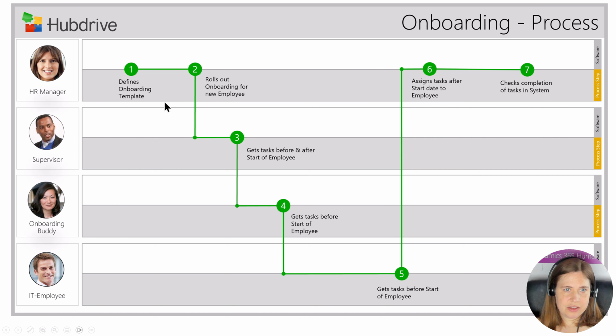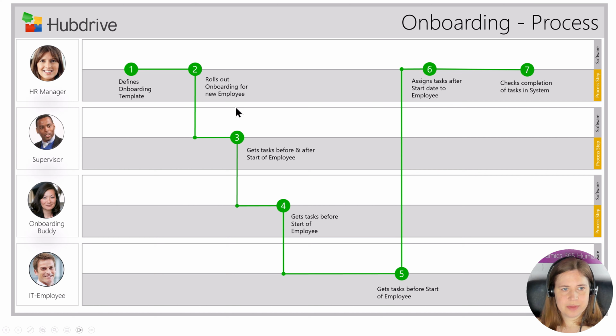This should cover all of the basic processes needed for onboarding inside your specific company, and it is highly customizable. Once you have that, you can roll it out for onboarding a new employee with just one click every time a new employee starts.